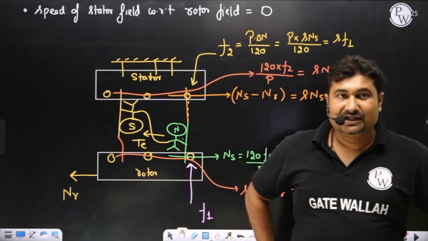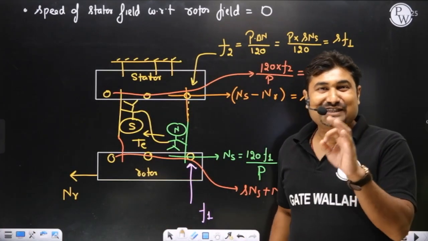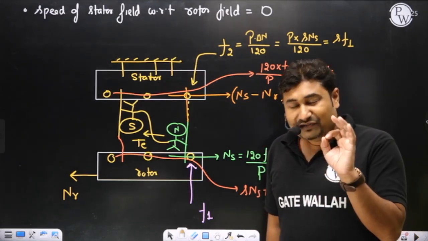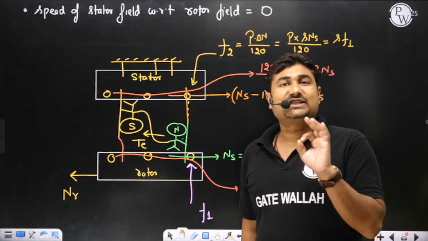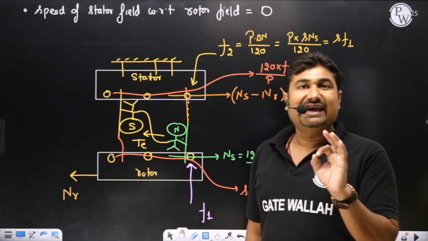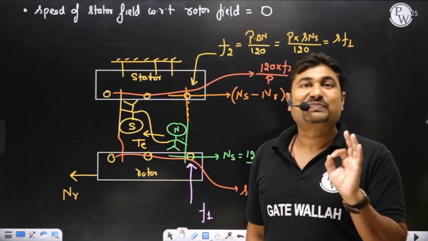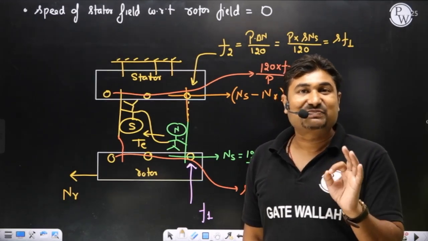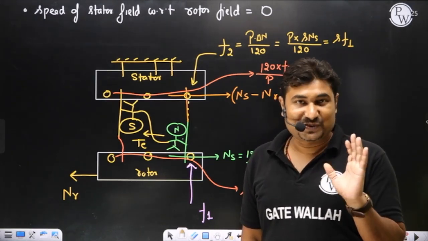So we have learned two things. In case the supply is given to stator, then the fields are rotating with respect to stator NS, with respect to rotor SNS, and with respect to each other 0.